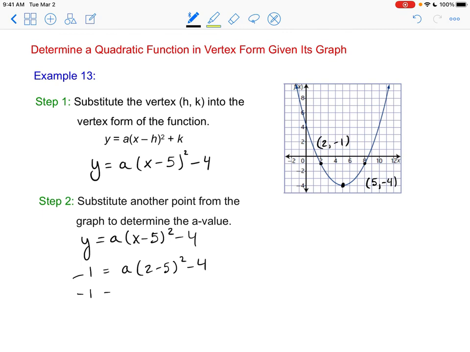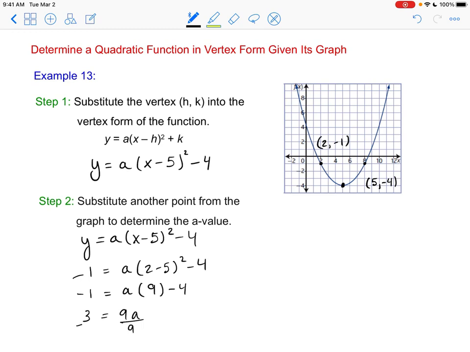So -1 is a times, 2 minus 5 is -3 squared, is going to be 9, positive 9. So we'll bring that -4 over to the left-hand side of the equation to get 3 is equal to 9a.